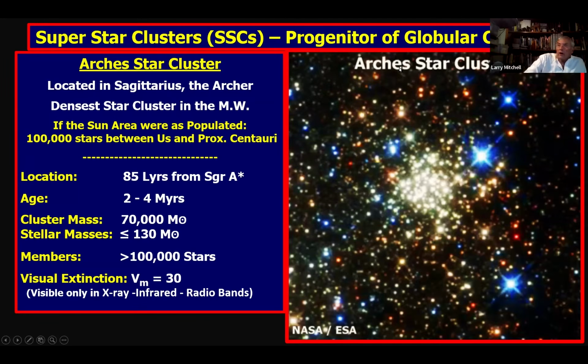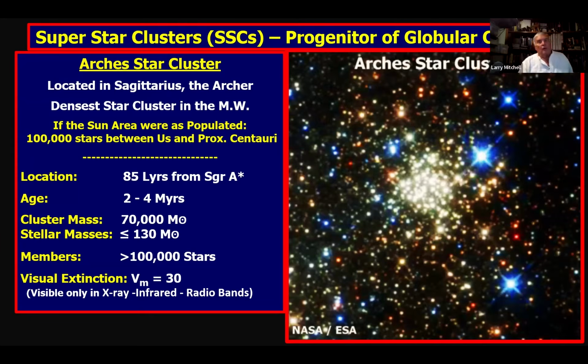This particular one here is the Arches star cluster. It is named the Arches star cluster because it's located in Sagittarius the Archer, and it is the densest star cluster that we know of in the Milky Way galaxy, the densest being the most closely packed stars in the interior. And someone figured if the sun were as populated as the Arches cluster, that would be 100,000 stars between us and Proxima Centauri.